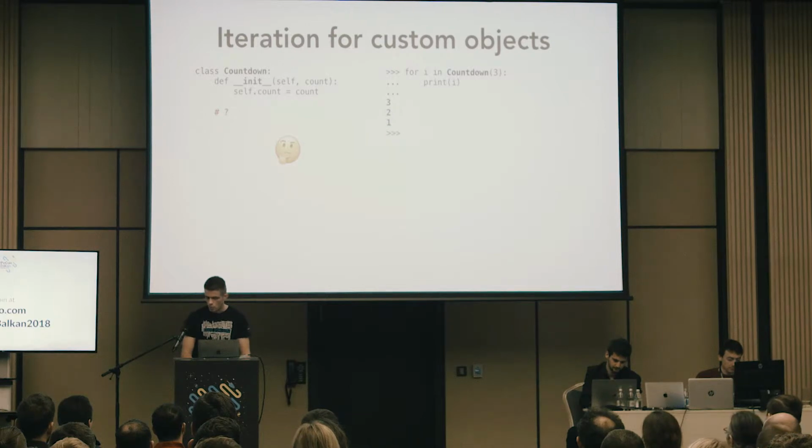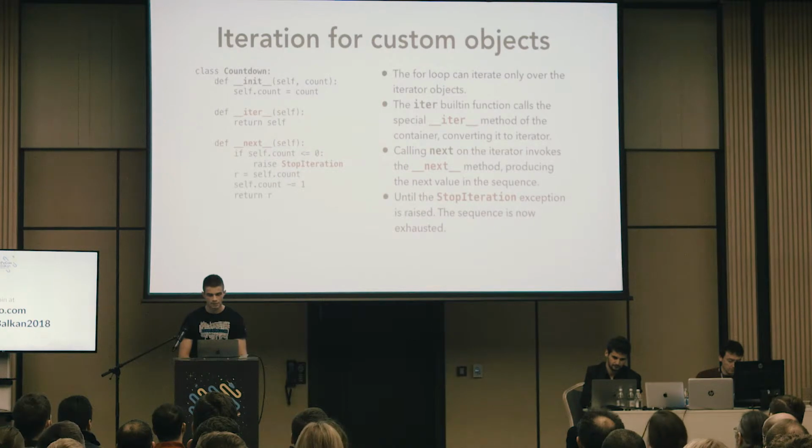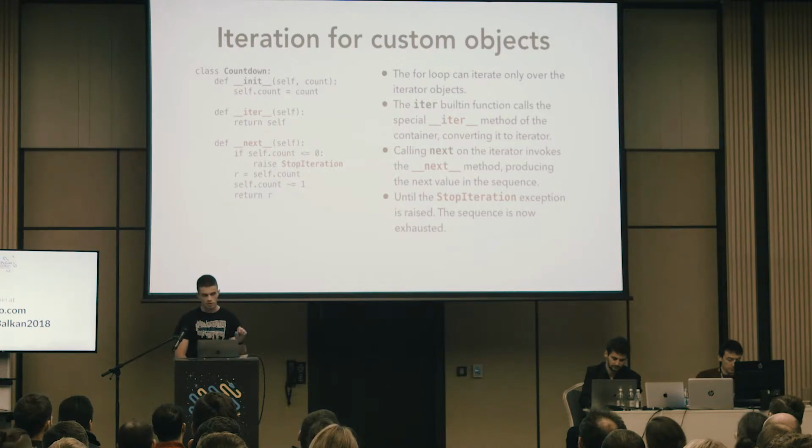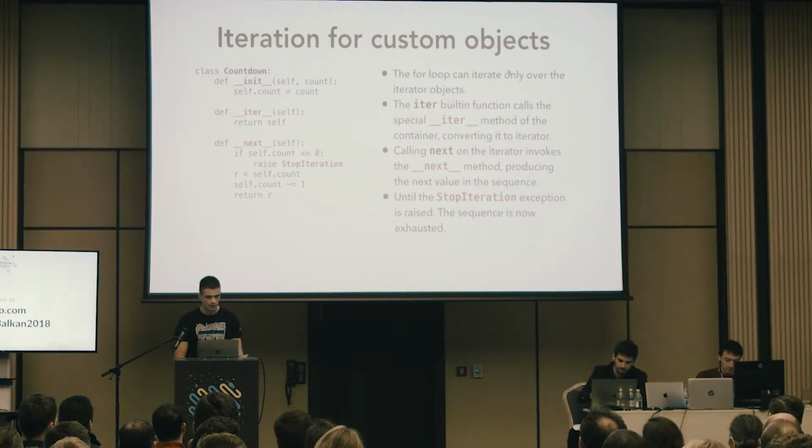Now, what if I wanted to create an object that I'd like to iterate through, but with my own sort of pattern in mind? To create an iterator, all you have to do is implement the methods that are used when you call iter and next, so that you can feed for loops with it. If I create my own countdown object, the whole logic of the countdown is here.